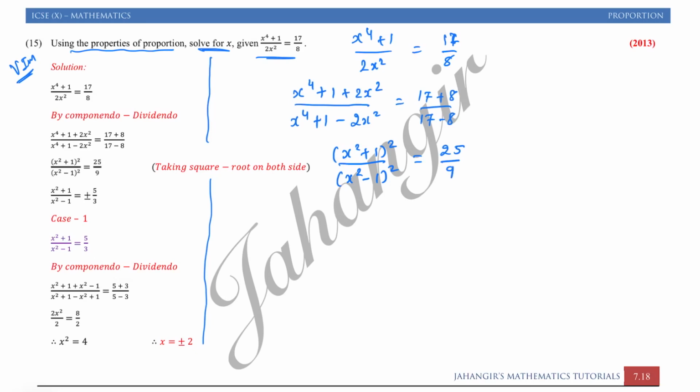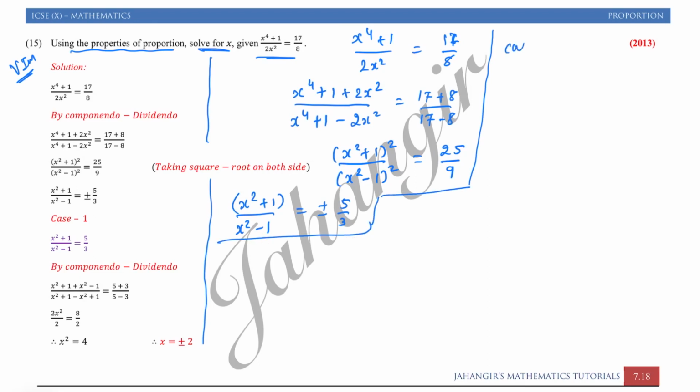So taking square root, what will you get? (x^2 + 1)/(x^2 - 1) is equal to plus minus 5/3, because whenever you take a square root we have to get plus minus. So here from this we will get two cases. Let me do it case-wise.